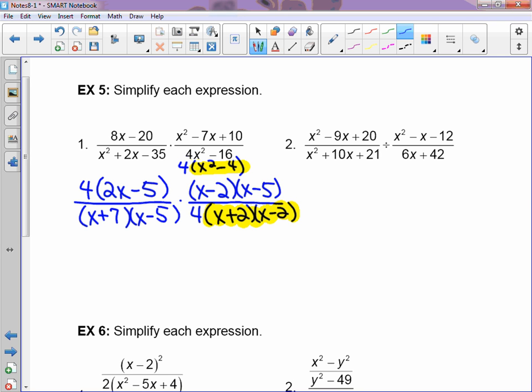Let me make this perfectly clear. People will do this every time, and I'll say a billion times not to do it. This does not cancel with that. It has to be a factor in order for it to cancel. X squareds are not factors. They're a term of this. This thing factors to this.